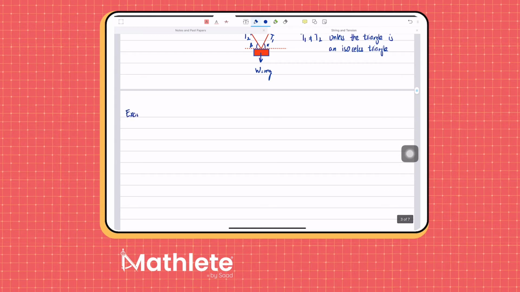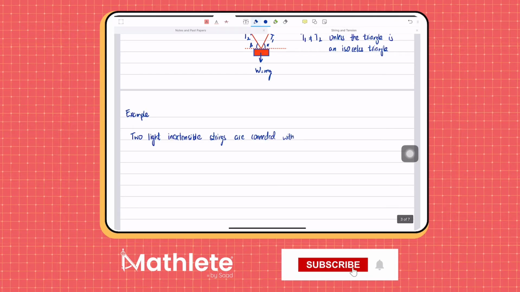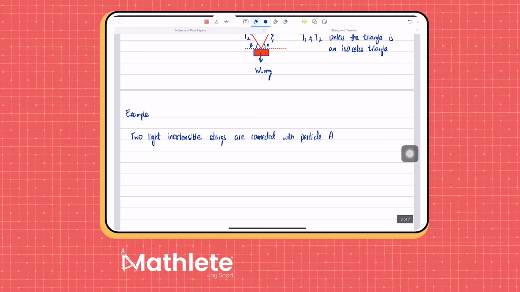Now let's do an example. Let's say the question says: two light inextensible strings are connected with particle A. I'll draw the diagram as well.